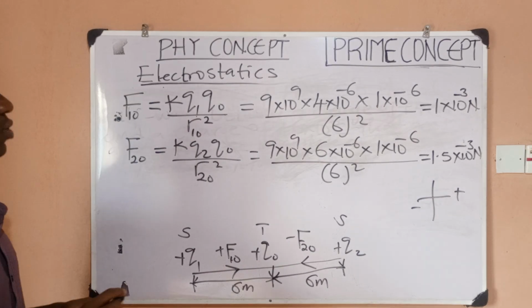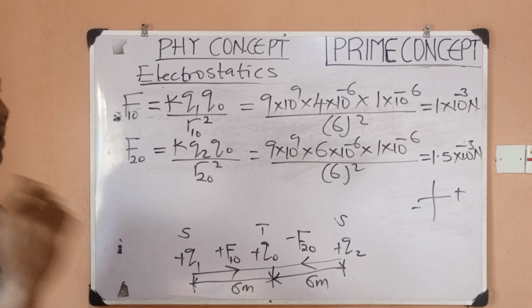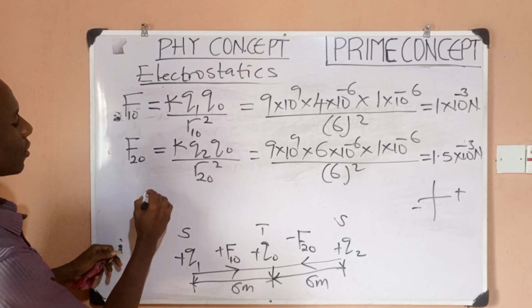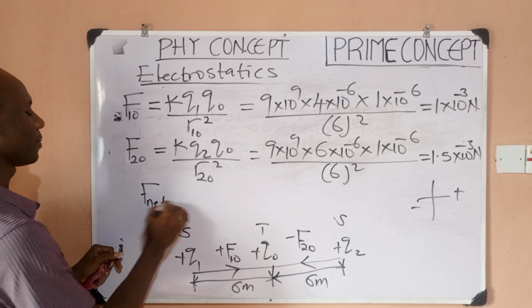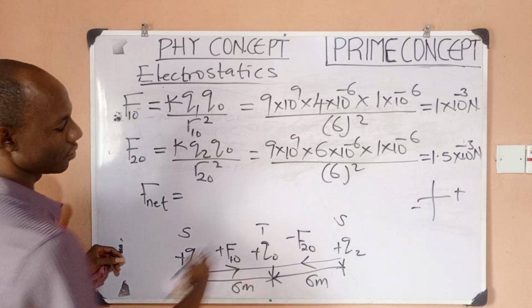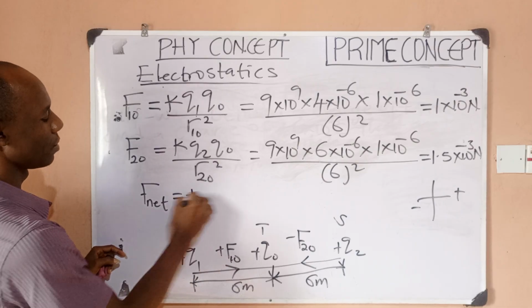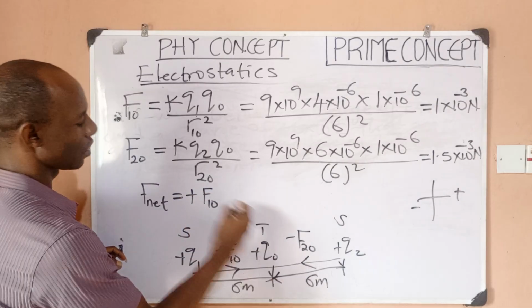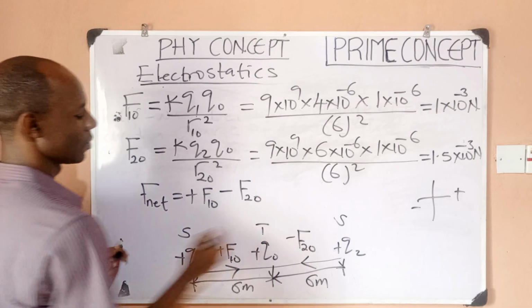The next thing I want to do now is to get my net or resultant force. My net force is going to be the summation of these two: plus F10 and minus F20.